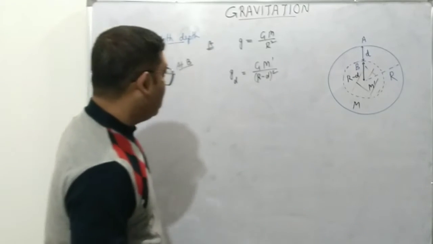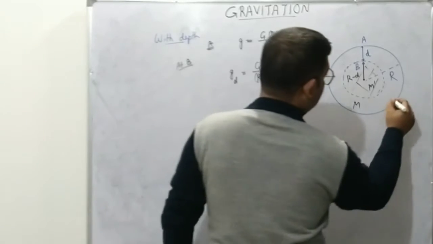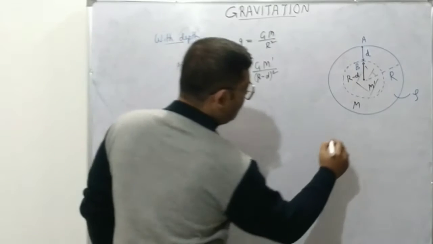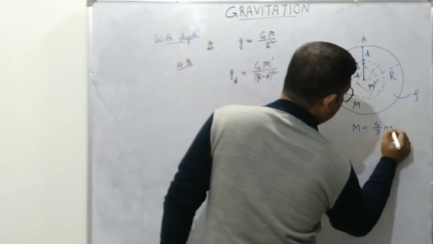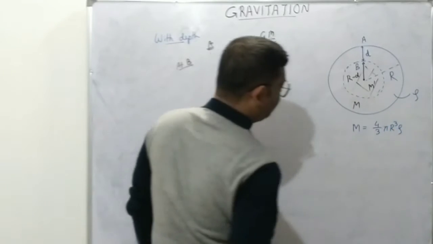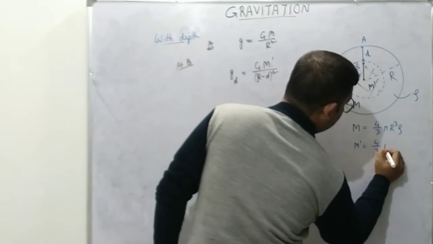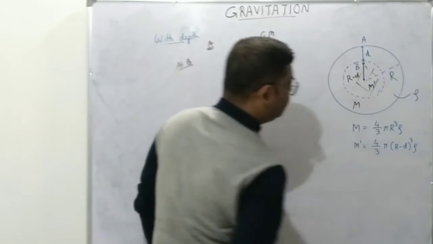Okay. Now, let's consider that the density of Earth is constant and it is rho. Then clearly M will be equal to 4 by 3 pi R cube into rho, and M dash will be 4 by 3 pi R minus d whole cube into rho.